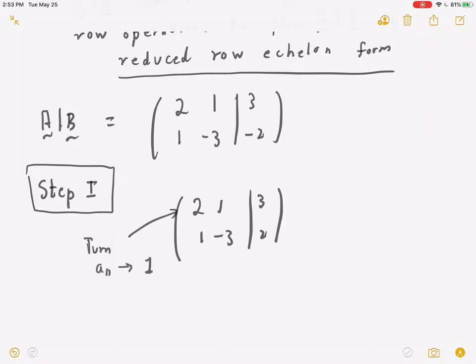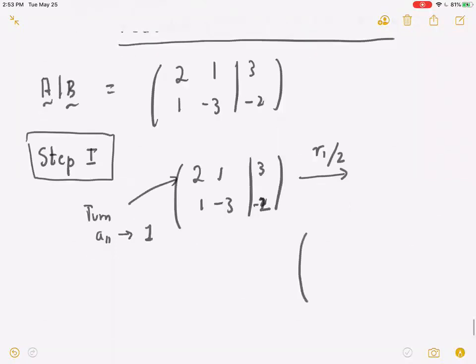So I have to come up with the appropriate, this is a -2, sorry. I have to come up with the appropriate elementary row operations to in fact do that. So that's easy. You actually take row 1 and divide it by 2. And you'll get a new matrix. You get a new form of the augmented matrix where you've done exactly what you wanted to do. You've turned that 1, 1 element into 1.